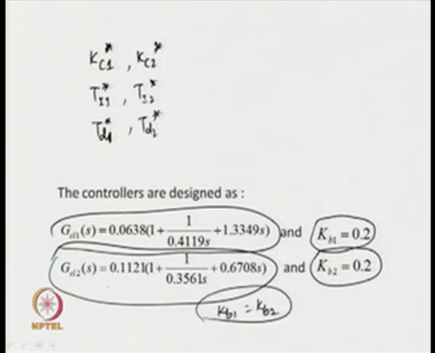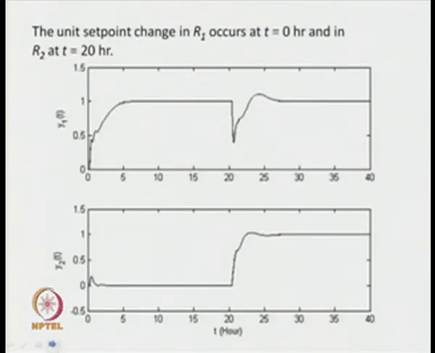Then, with the controllers in the loops, the performances of the TITO system are obtained as shown over here. The first loop has a unit set point change at time t equal to 0 hour, and the second loop has a unit set point change at time t equal to 20 hours. Then the responses of the two loops are shown over here.